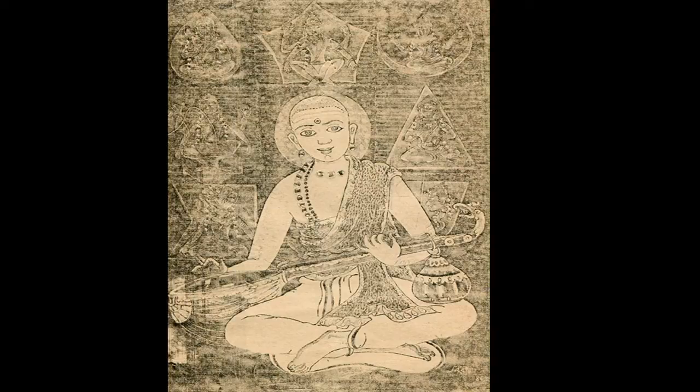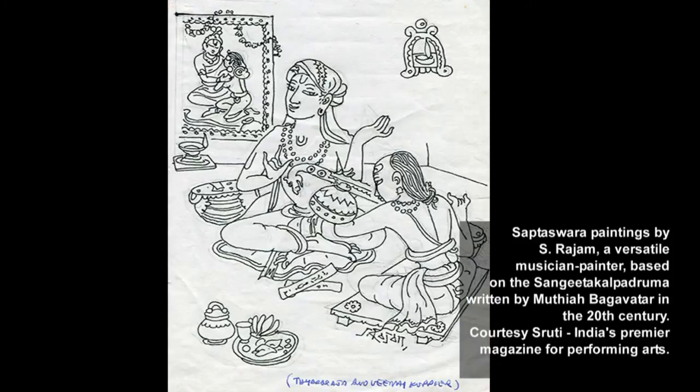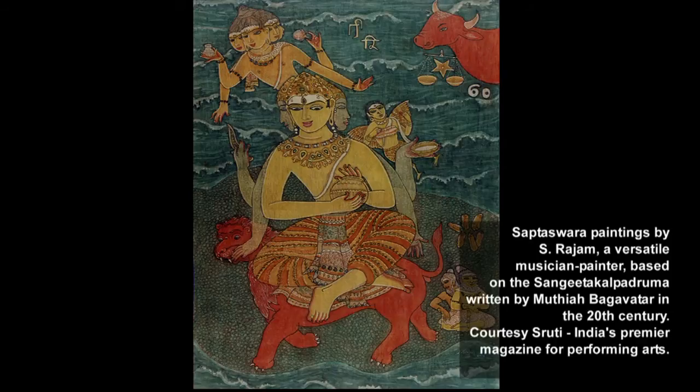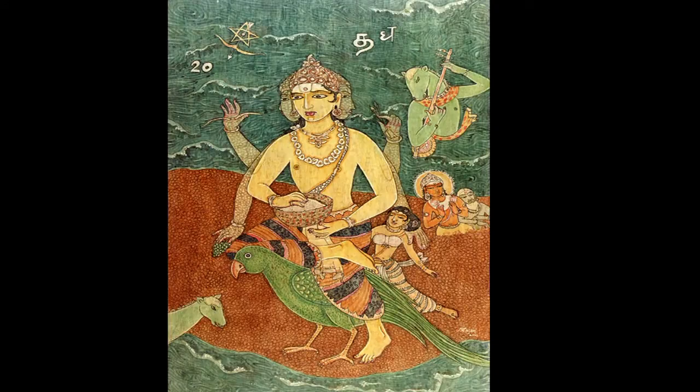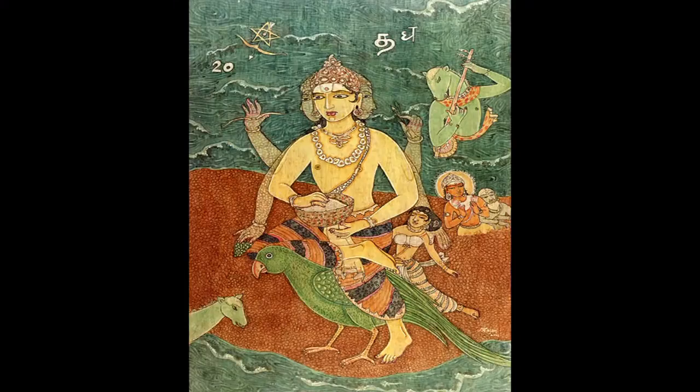Now, he based these paintings of the Swaras on the textual material of Sangeeta Kalpadruma, which is a 20th century Lakshana Grantha by Muttaya Bhagavatar, who was a leading musician and composer of the early part of the 20th century. The painting that you see right now is a painting of Dhaivata, the 6th note. And we can see that there is the image of a horse. The presiding deity is the sage Tumburu, who is also seen, and there are many more details all drawn from Sangeeta Kalpadruma, the 20th century text written by Muttaya Bhagavatar.